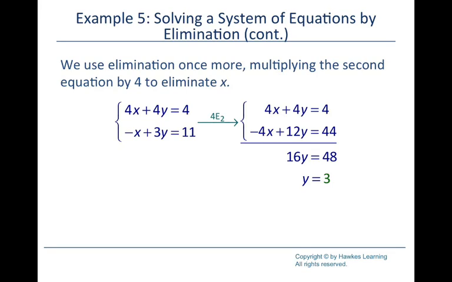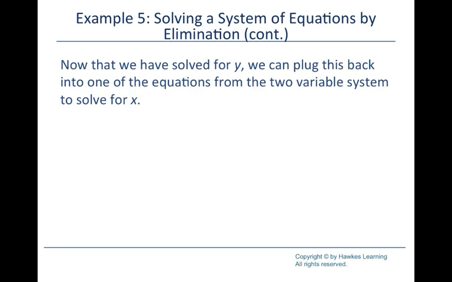And so we can figure out that y is 3. Then you're going to back substitute to find out what x is. Negative x plus 3 times 3 is equal to 11 becomes negative x plus 9 equals 11. So x is negative 2.